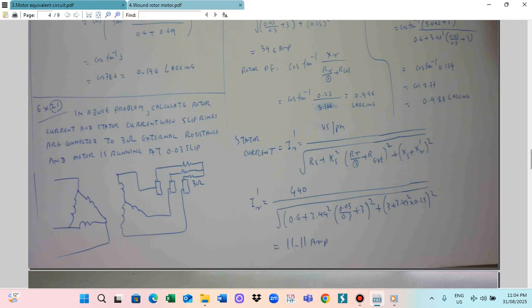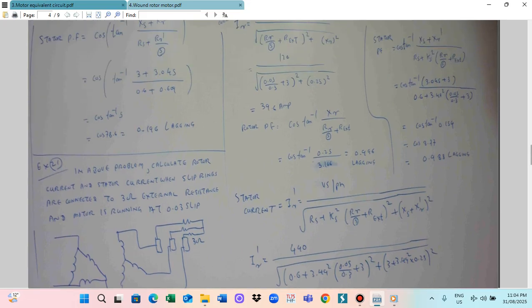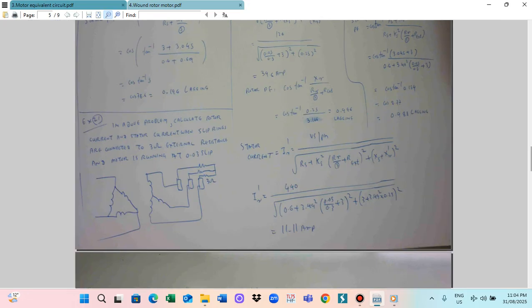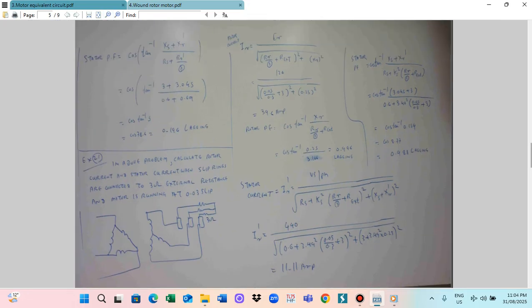So this is a typical motor; we utilize the motor equivalent circuit and we calculate the motor power and motor current, the motor current in the delta side and the rotor side. The first problem is that the motor winding is not connected to any external resistance. But the second one is the same problem, where the rotor winding slip rings are connected to the external resistance.